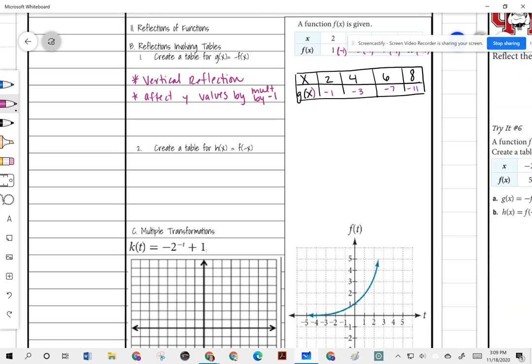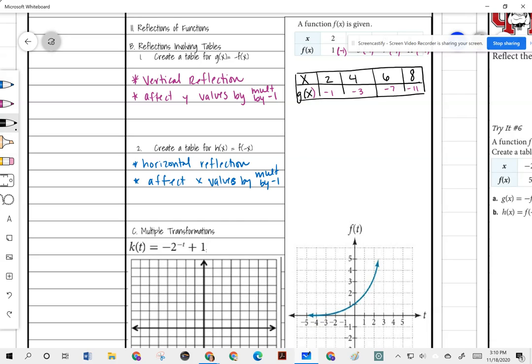And then contrary to that, let's take a look at number 2, create a table for h of x, or f of -x. So we should recognize that that's going to be a horizontal reflection. And that is going to affect the x values by multiplying by -1.